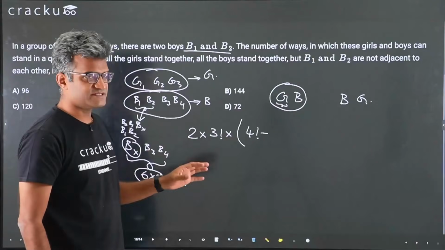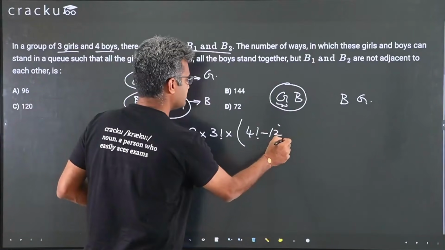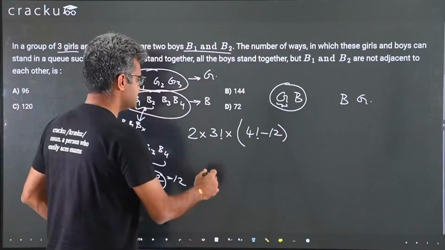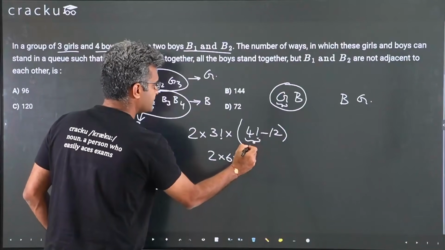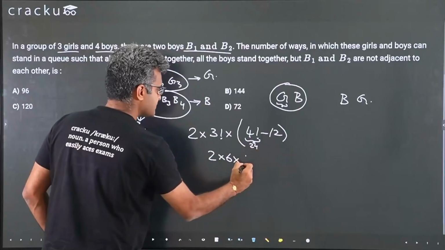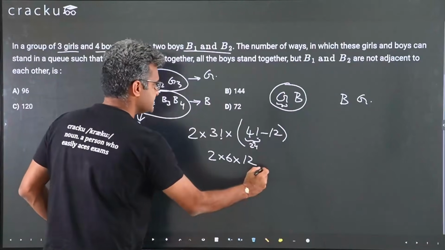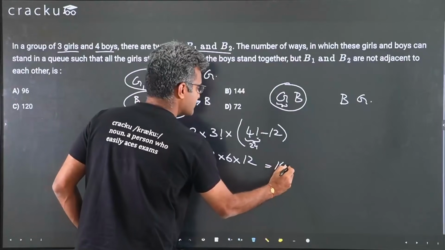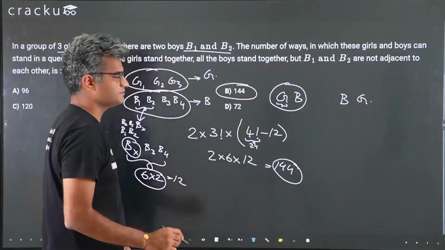So the number of cases in which they are not adjacent to each other is 4 factorial minus 12 ways. This is 2 into 6 into 4 factorial is 24, 24 minus 12 is 12. So the overall answer is 12 into 12, which is equal to 144. So the answer for this question is option B.